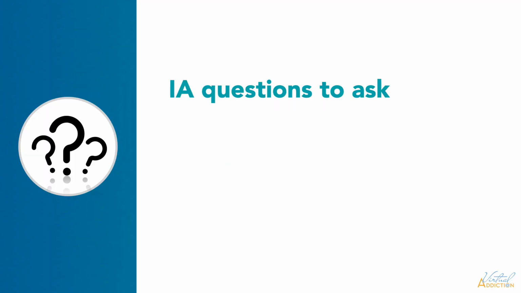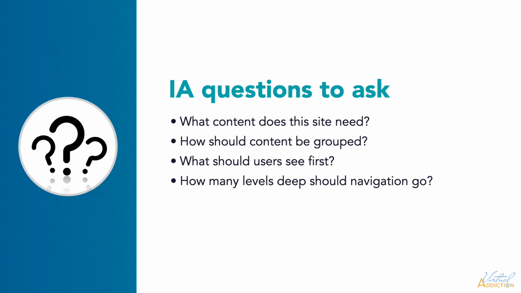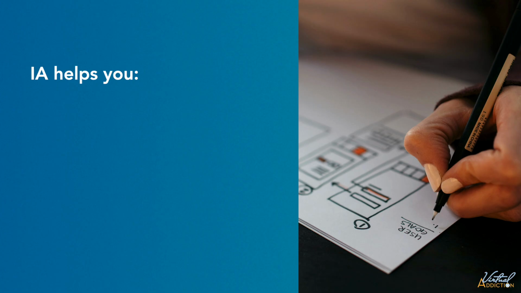In information architecture, we ask questions like, what content does the site need? How should content be grouped? What is most important to users? How will users get from here to there? Would someone who's visiting the site for the first time understand how it's organized? Information architecture helps you plan your website before you start designing or coding.